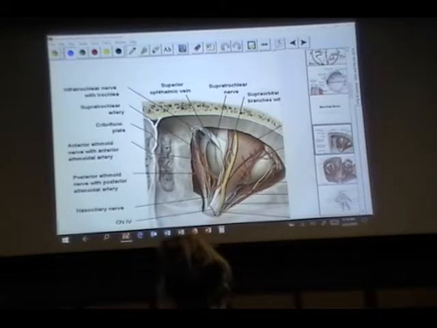Okay. And we saw what we talked about a little bit earlier, branches of the trigeminal first division that comes through the orbit. What you gotta remember, you wanna know where V1 branches are. V1 branches are coming into the orbit to join the ophthalmic division, okay?